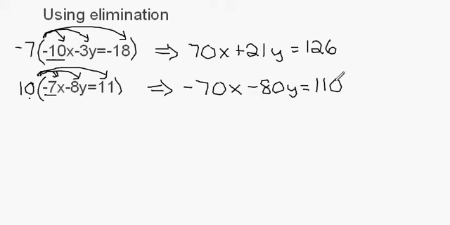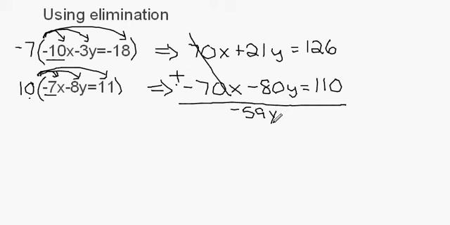Now we see if we have opposite coefficients, which we do. 70 and negative 70 are two opposite numbers. So now we can add the two equations. The x's go away. We add 21y plus negative 80y, which gets us negative 59y.